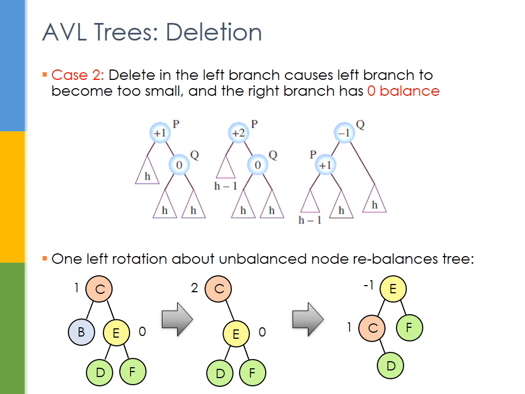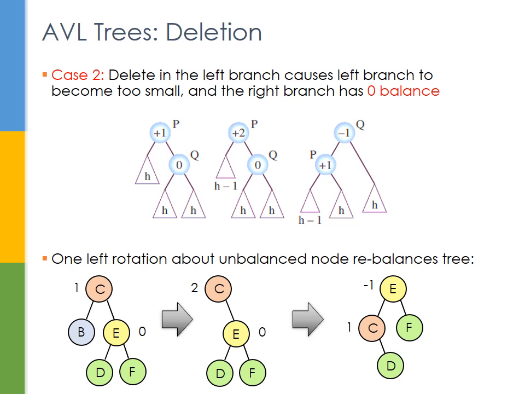We then need to update all of the balance factors from the deleted node all the way up to the root, and then rebalance as necessary along that path. Because we've performed a deletion on the left branch of node C, we need to increase its balance factor from 1 to 2, which means we now have an unbalanced AVL tree.